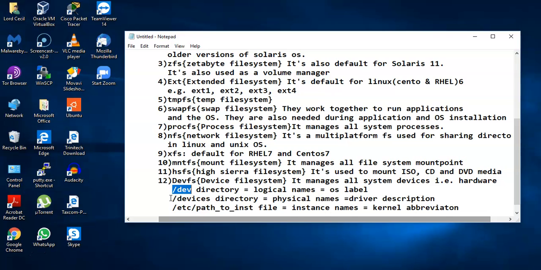And the second one is the /devices directory, which we say contains physical names of system devices. Each device in the system has this name, so they are stored in this directory.